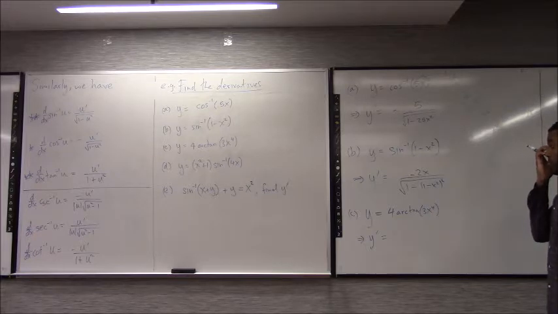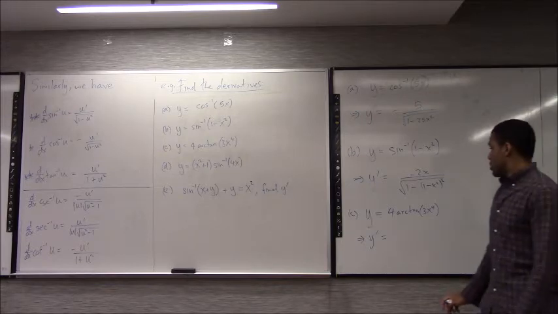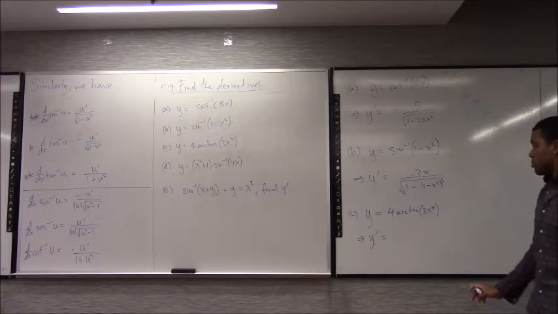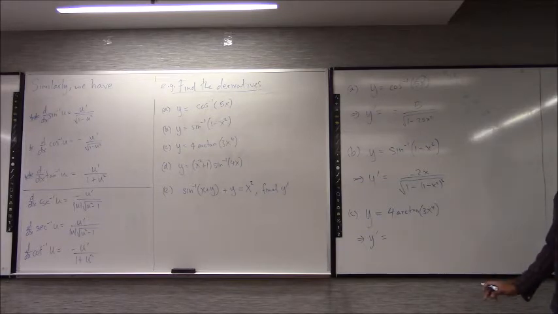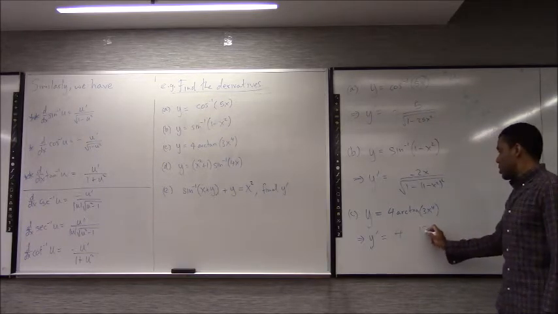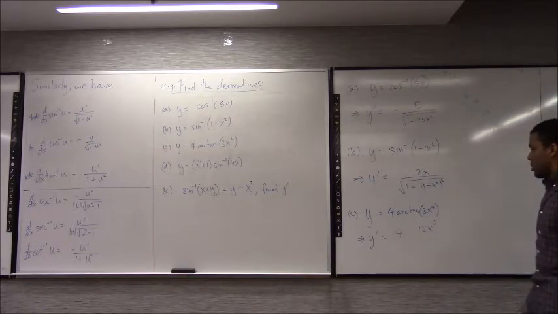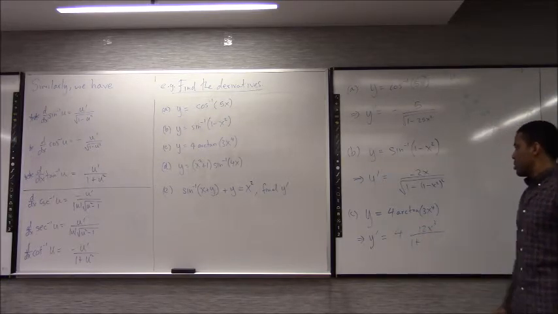This one. 12x. 4 times 12x cubed all over 1 plus 3x fourth squared.